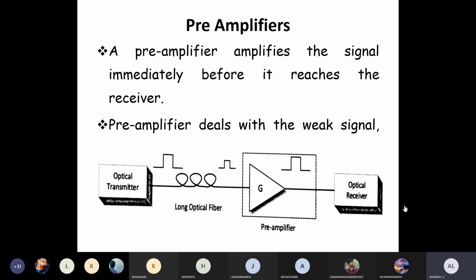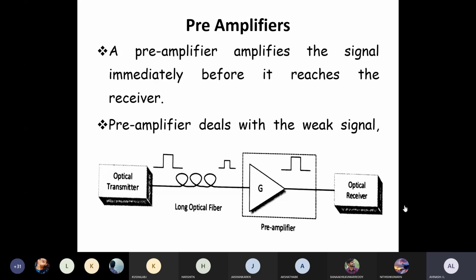If both are the same, then we are in a good condition, or else we are not in a good condition, and the amplifiers are of no use.